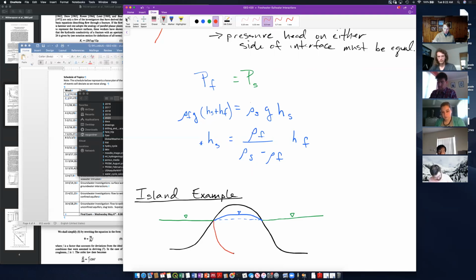So our freshwater saltwater interface might look like this, where the height at any point here, or the depth at any point, is given by star. This depth is given by star.